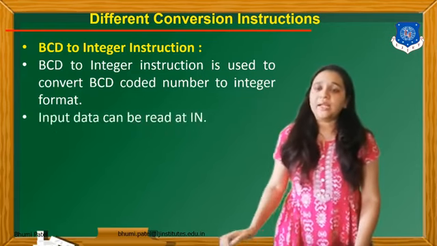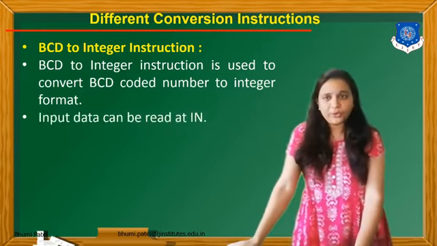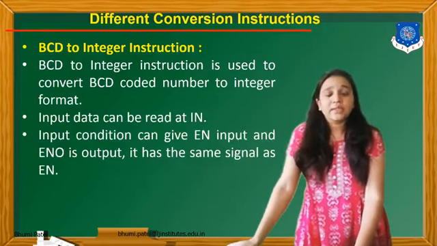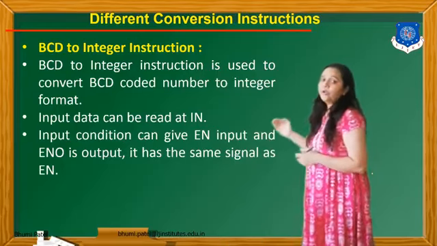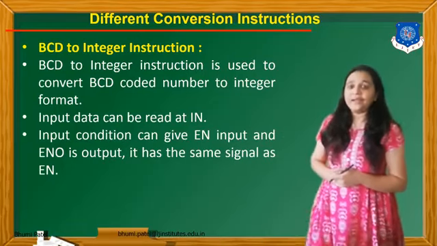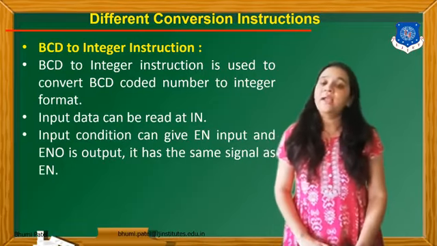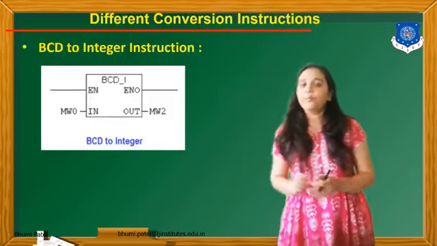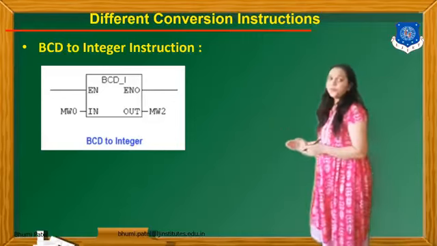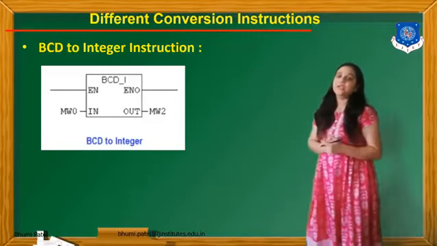Input data can be read at the input pin. The input condition gives the enable input, and ENO is my output, and it has the same sign as the enable sign. So this is the block format of BCD to integer.